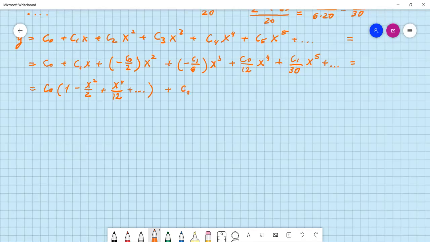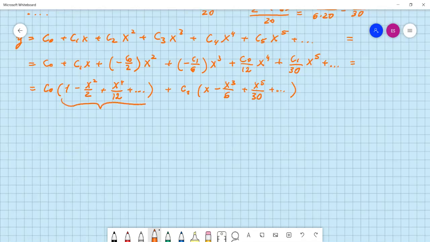C1, we have x left, right? C1 is minus x cubed over 6, and C1 plus x to the power of 5 over 30, and some other coefficients. Okay, well, we were lucky and we got exactly the first three terms.